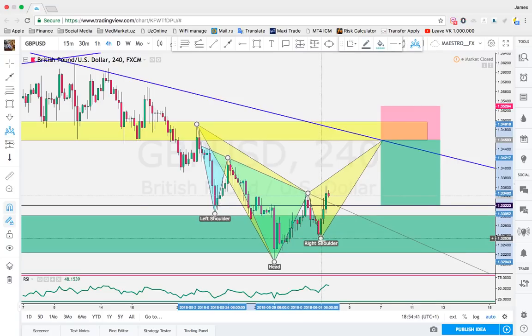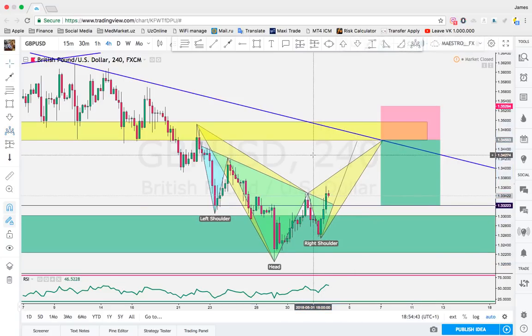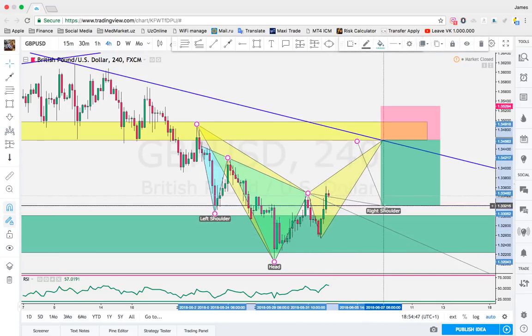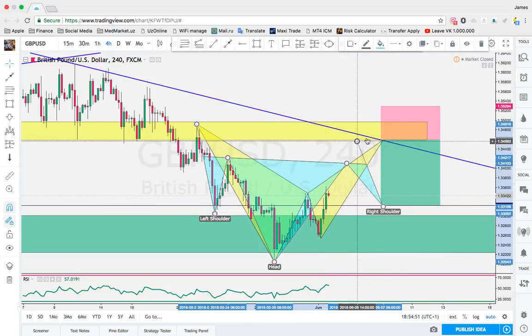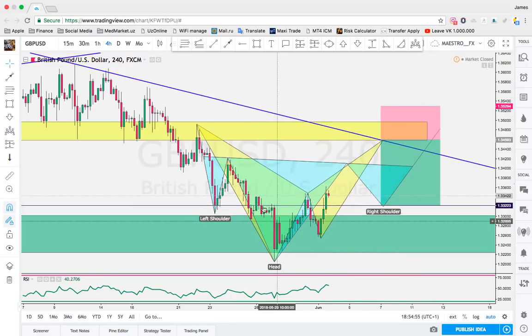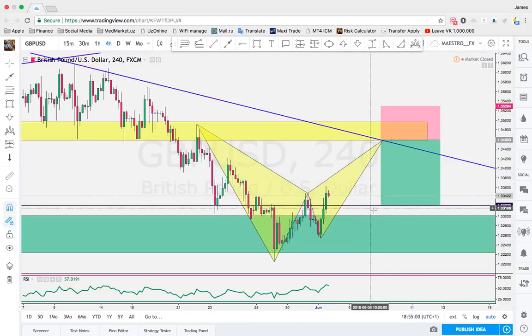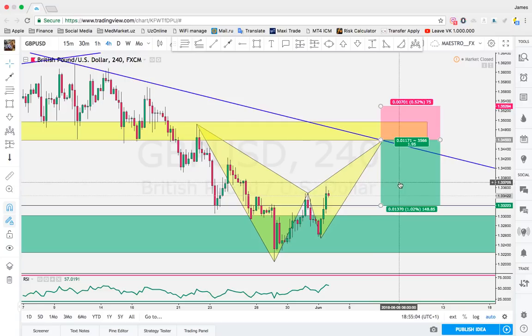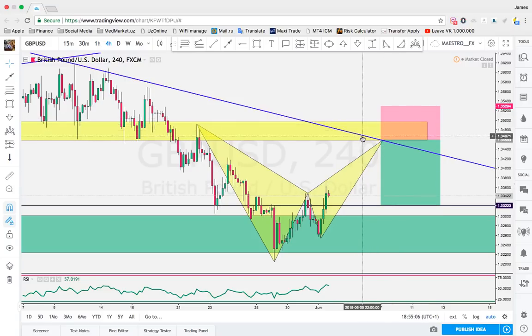We already have the right shoulder, or if we don't count this one as the right shoulder, our right shoulder is going to be right here. We may form the right shoulder right here at the test of the previous structure. So that's why this support zone at the area of 133.22 is going to be my take profit one if I sell here with beautiful pattern confirmation signals.